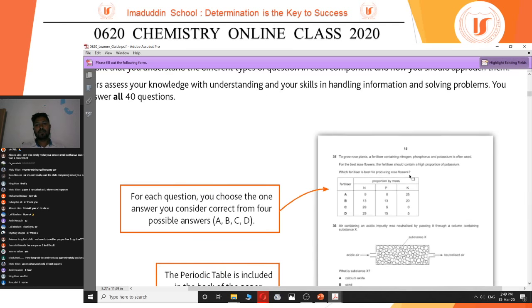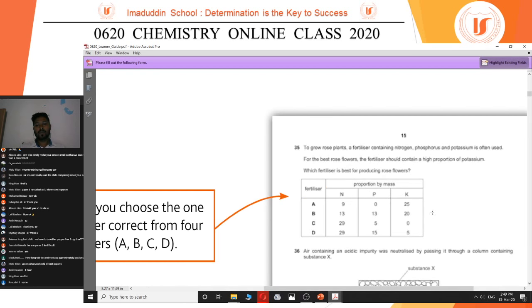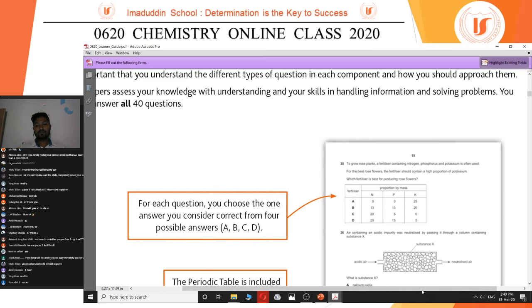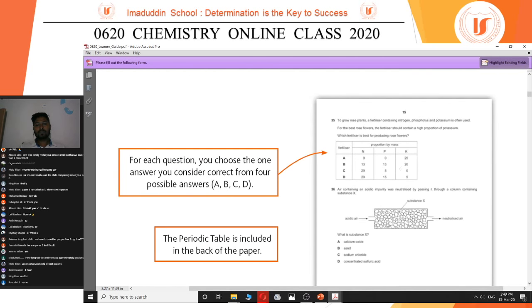Let's take an example from this question. This is an MCQ question. This may not be that visible, but you can see there will be 4 options. For each question, you choose one answer. It is rare, but some students select more than one answer in an MCQ question.